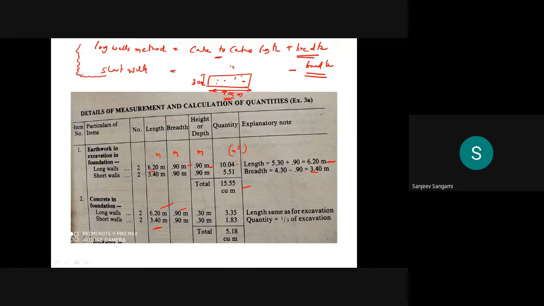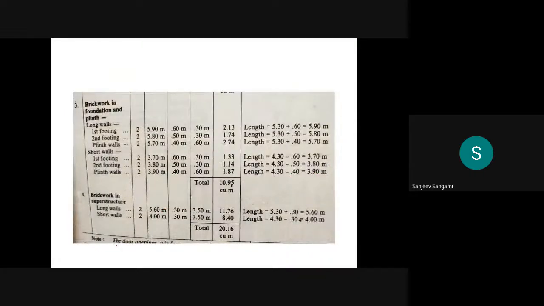Then we'll move ahead with the brickwork in foundation and the plinth. Above the concrete work, if you separate it out, there are sections like that, and above you have one more, like this. This is the concrete work he has given, 30 centimeters.